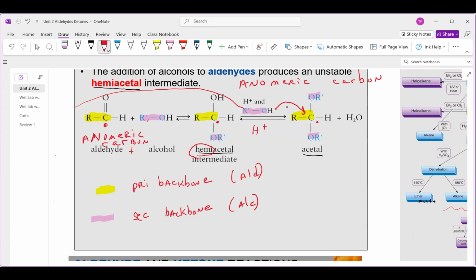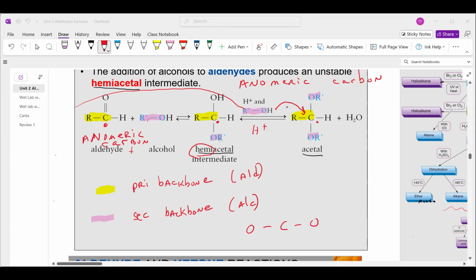Okay, so what we generated here is a COC, COCO complex.